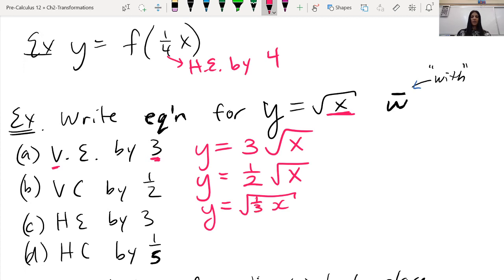I know I've got to put a 1/3 under there. And I do the opposite of that when I get to this next one. I know that x is under there, but if I'm seeing a horizontal compression by 1/5, then I know that I must have a 5 in here, because it's always the opposite of what we see or what we're working with.